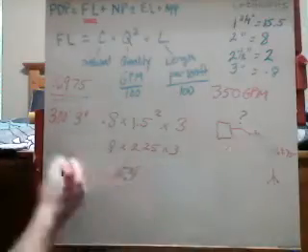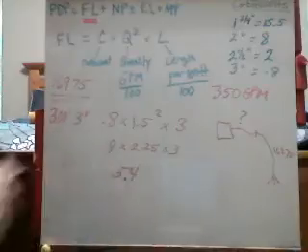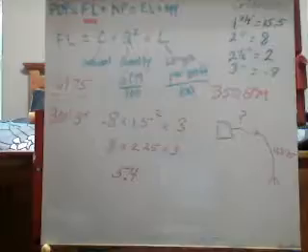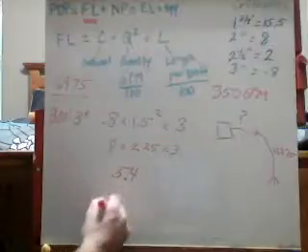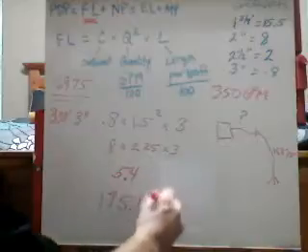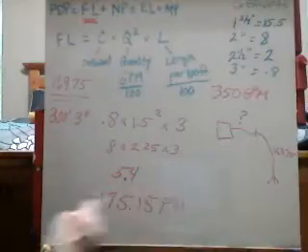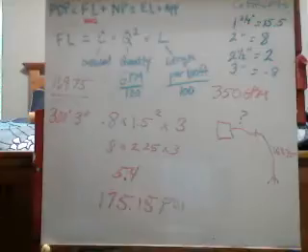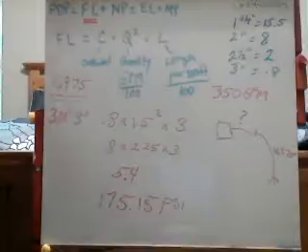Instead of having 169.75, you now have 175.15 psi. So you're going to pump your truck at 175.15. Obviously, you can't do that, so you get as close as you can.